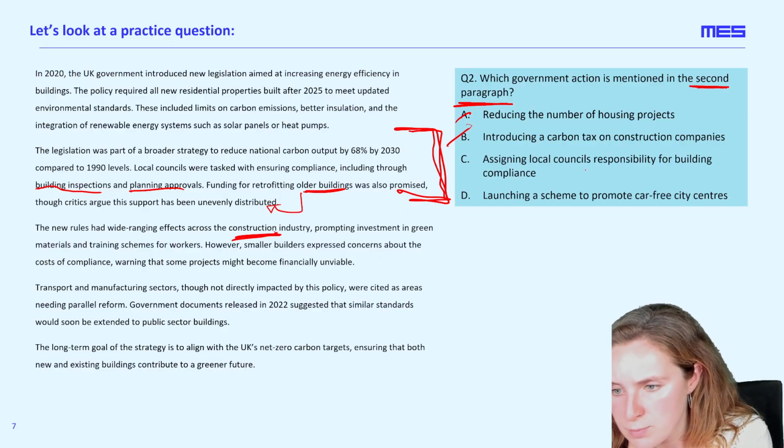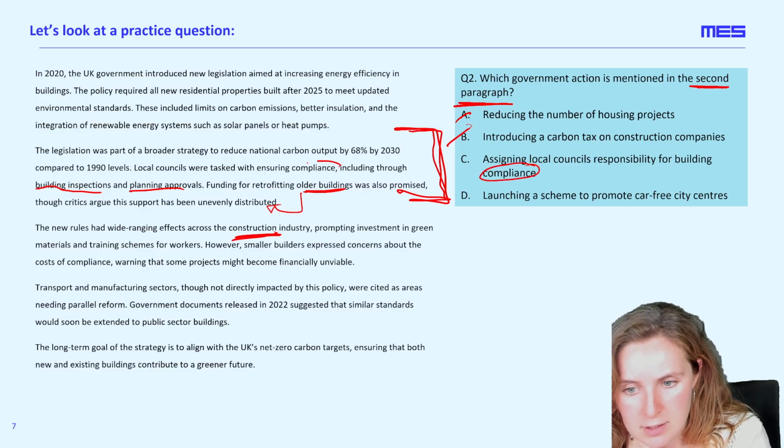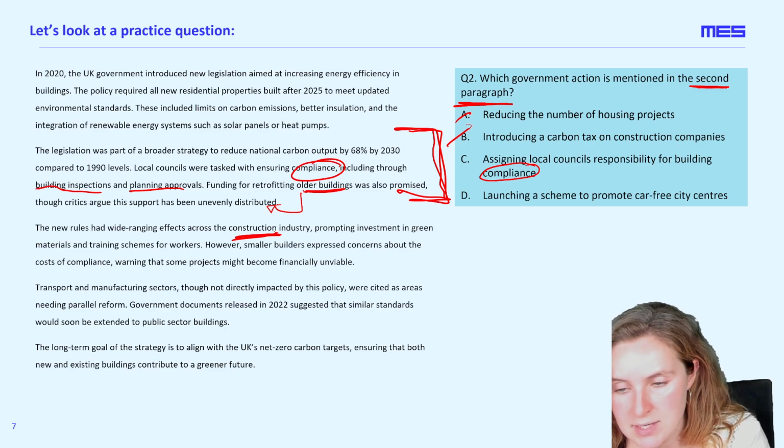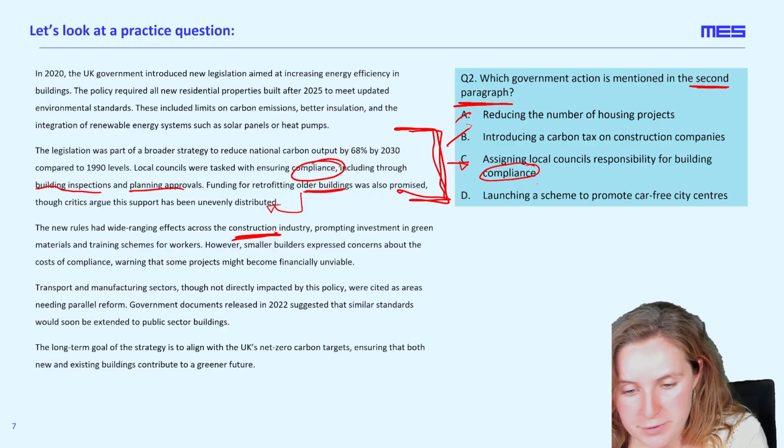Assigning local councils responsibility for building compliance. Again, we see that keyword there, compliance and compliance. In this second paragraph, we know that these councils have responsibility for compliance, so this seems right, but let's double check D just to be sure. Launching a scheme to promote car-free city centres.